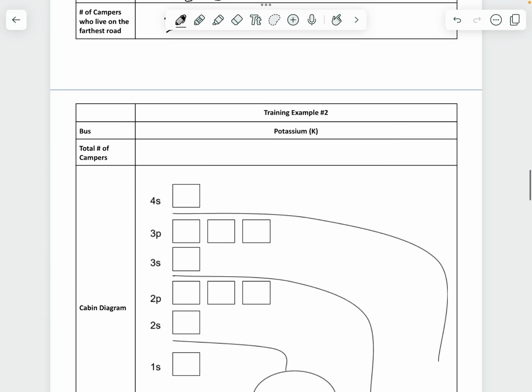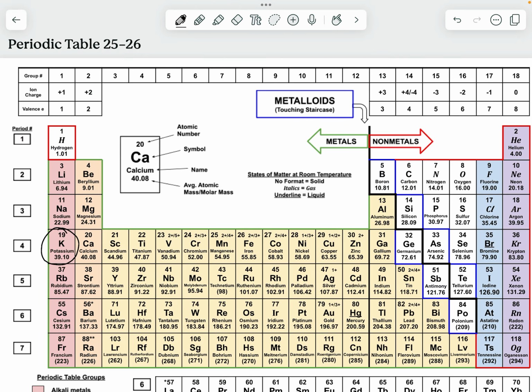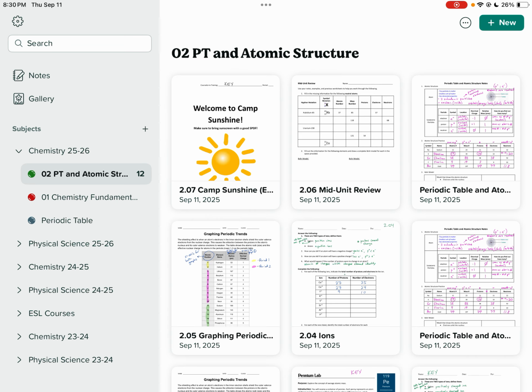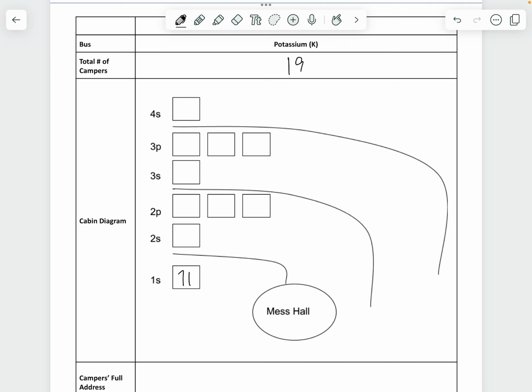And we do the same thing for potassium. We go back, we identify how many campers there are going to be. We identify potassium as atomic number 19, which means there are 19 campers. And so we account for those 19 campers by placing them in the order in which we did before. The only difference is we are going to occupy a further bunk.